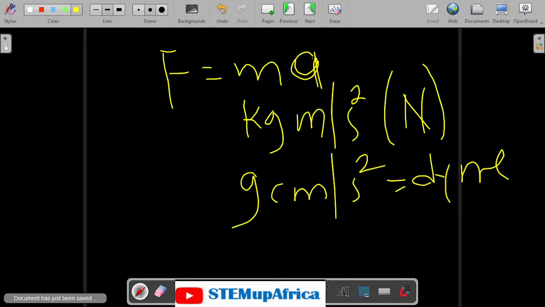Those are the two concepts of SI units. That's the answer to question 1. I don't know if it's clear, so let's go to question 2.